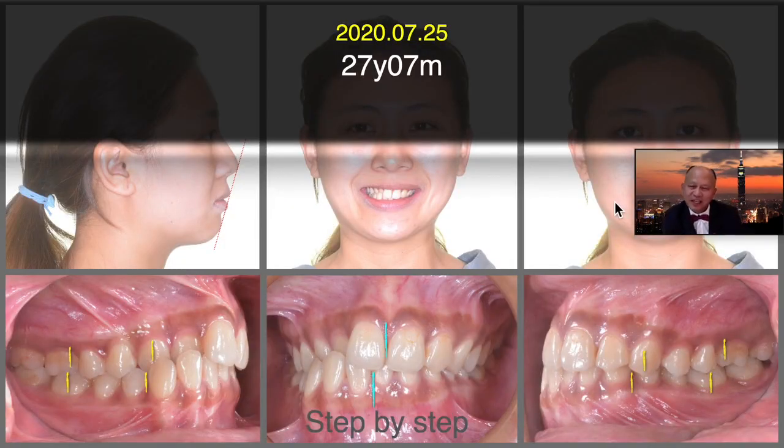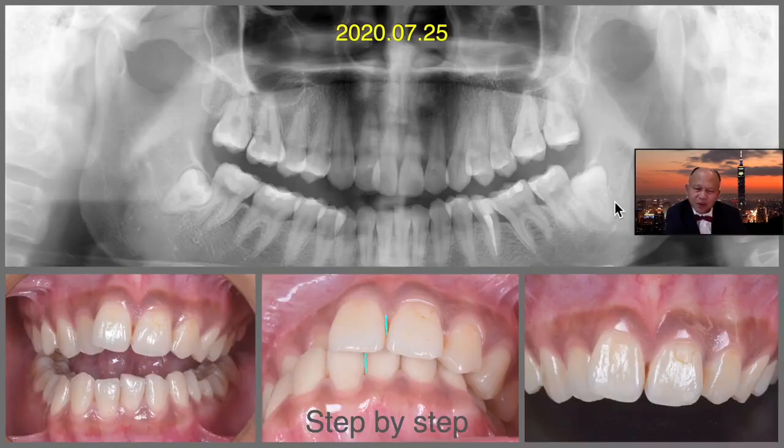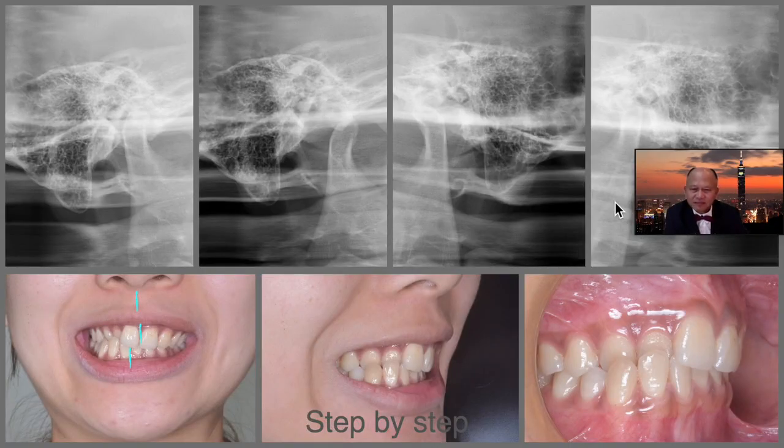First, you look at this case. She has a midline deviation and a severe crossbite. The lower arch was skewed. Both upper and lower arches are pretty narrow. The chief complaint was midline off and a severe crossbite. Of course, the condyle I had was asymmetrical.